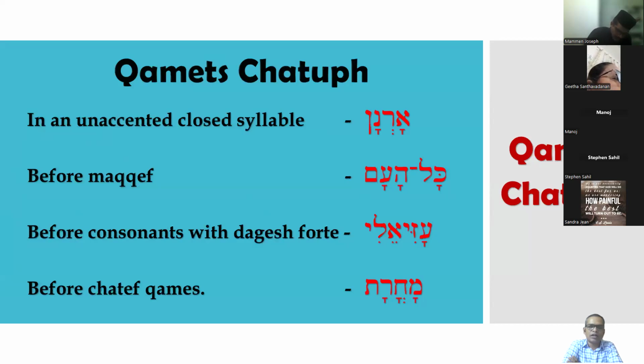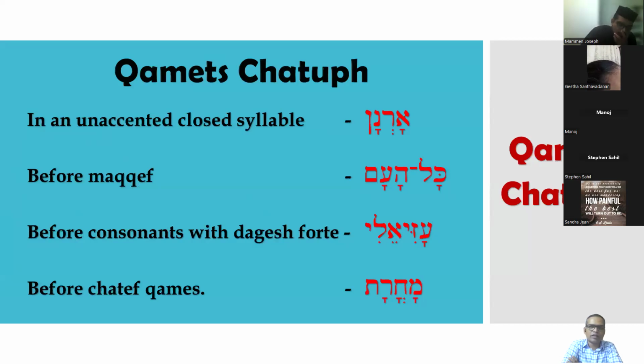Okay, and the rule says that in or, that is one syllable, if you see a kamets in an unaccented closed syllable, where aleph is there, kamets is there, resh is there, silent sheva is there, and you don't come across any accent sign there, so it is an unaccented closed syllable, in that case it is kamets hatuf.